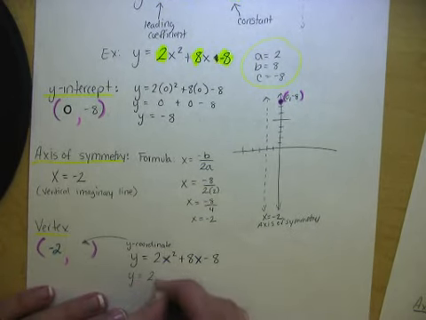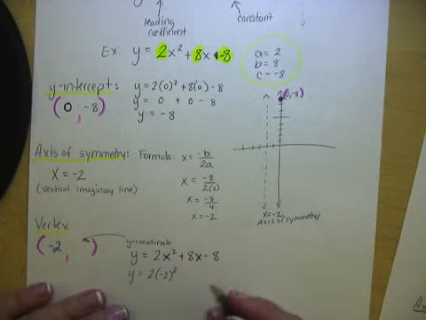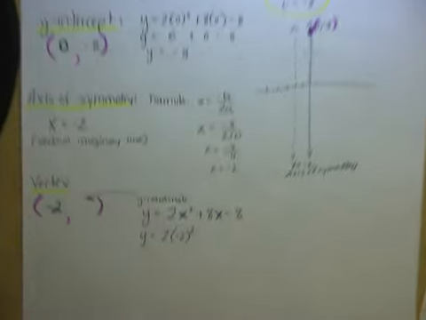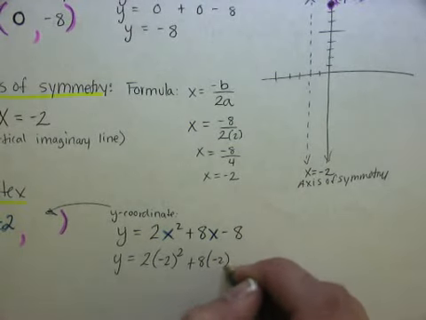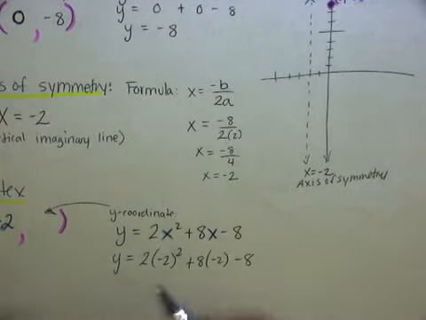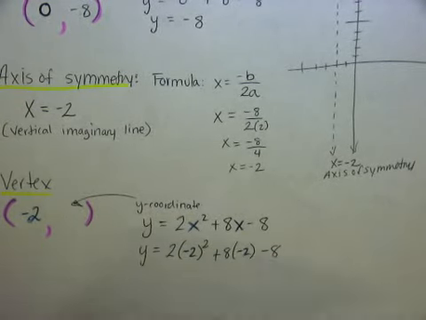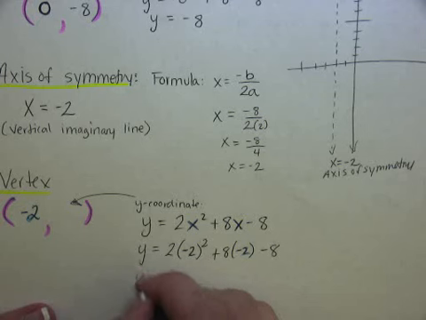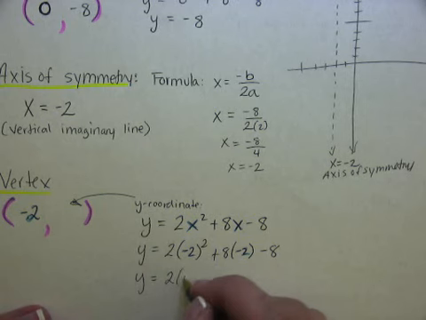So I get 2 and then parentheses negative 2 squared since it was x being squared. Let me zoom in here. Plus 8 times negative 2 minus 8. So all I'm doing is plugging in my x-coordinate, trying to find what the y-coordinate is. So using order of operations, I do exponents first, so negative 2 squared is positive 4.